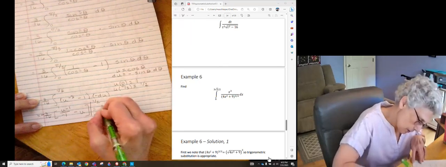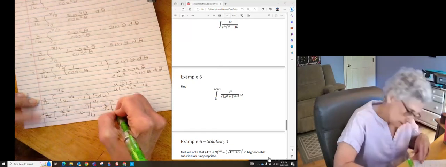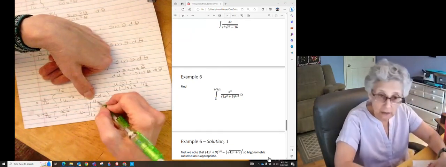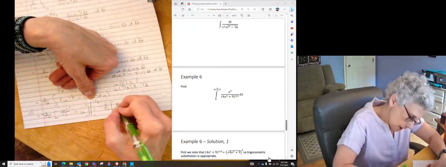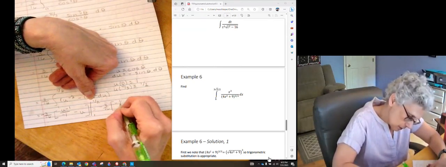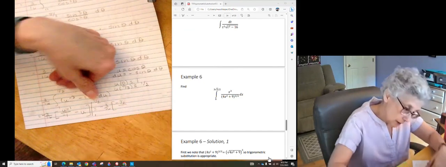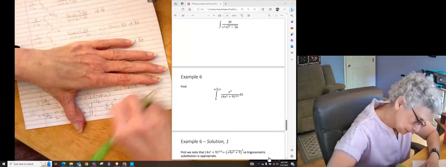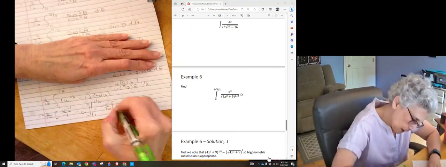So let's do negative 3 over 16. I plug 1/2 in first, so I have negative 1 over 1/2 because it goes on the bottom.